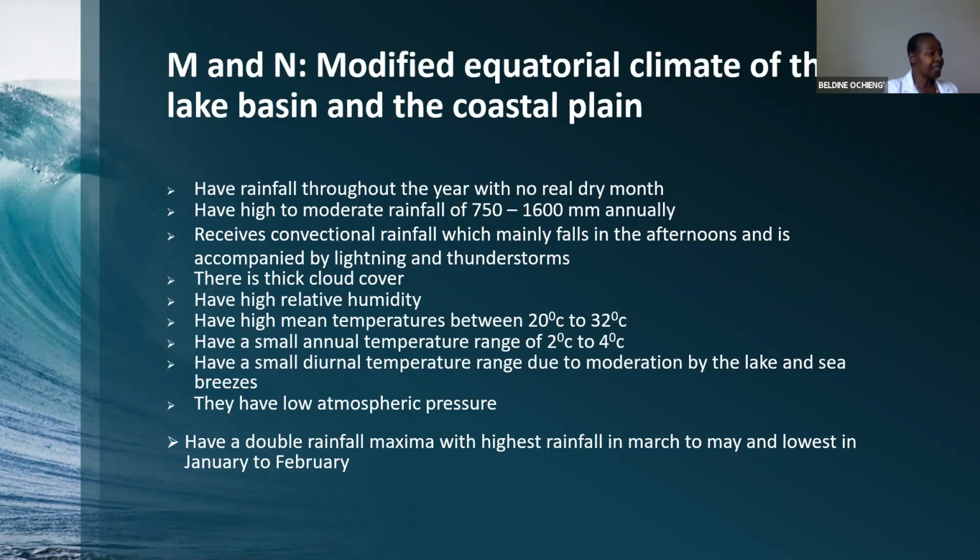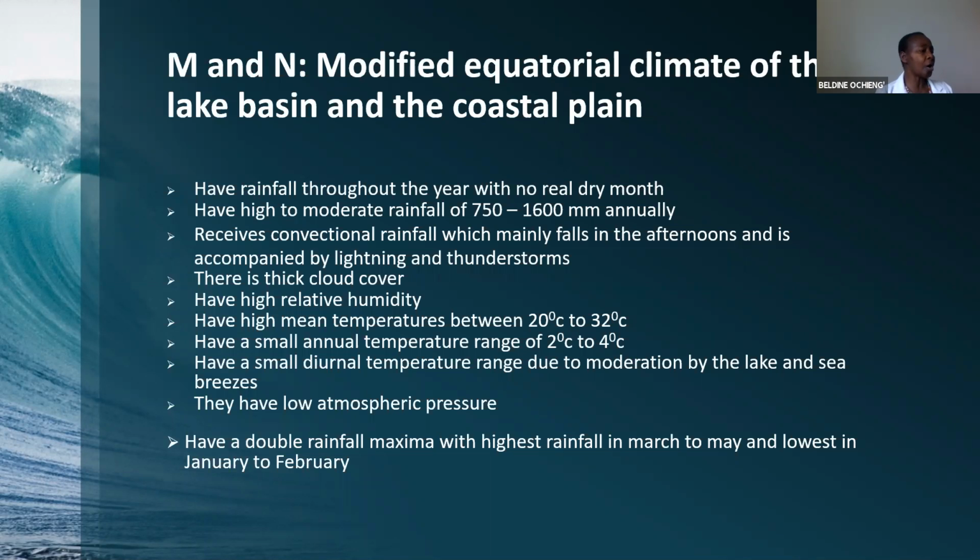Have high mean temperature between 20 to 32 degrees Celsius. Our lake region, we are in Kenya, not far from the equator. This is what we have, high temperatures, averaging between 20 degrees to 32 degrees Celsius.